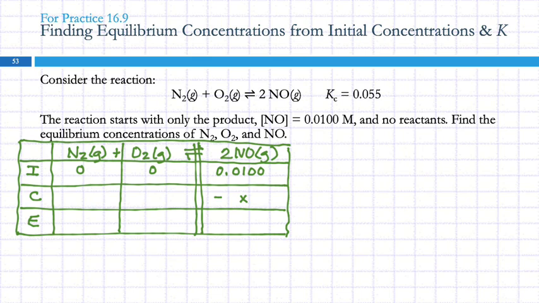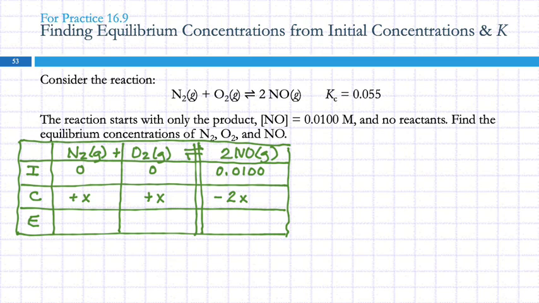Well, we can start with minus x, and then we see there's a 2 here, so we're going to call that 2x, because over here, these guys have coefficients of 1, so we want to use the coefficient with x. We don't write the 1, but we understand that it's there. So that went down by 2x. This one goes up by 1x, because it's got a coefficient of 1. And the oxygen will also go up 1x. Everybody with me?